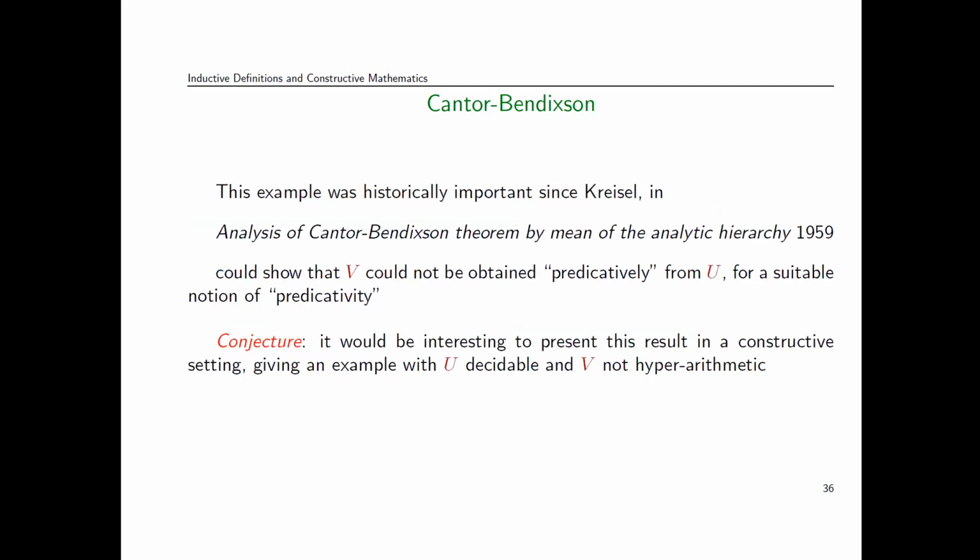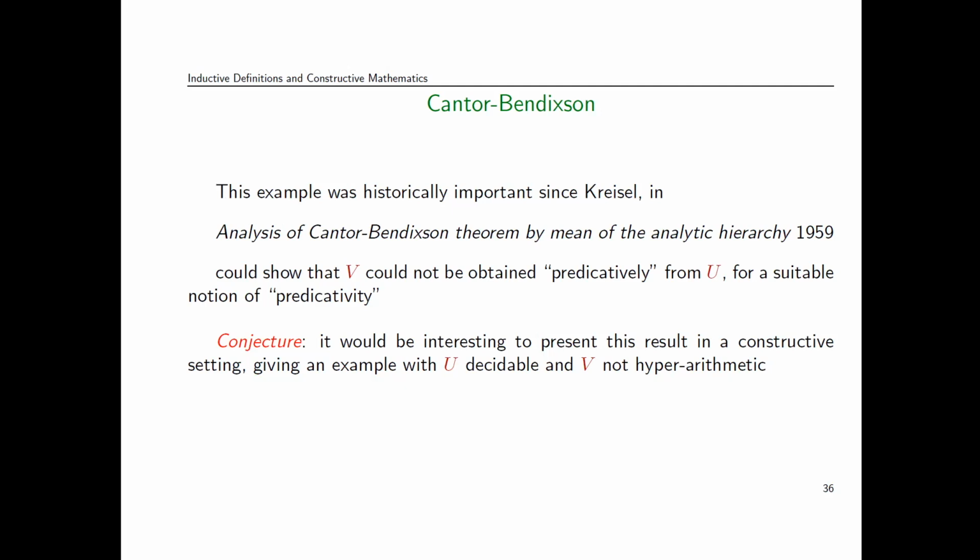It was very important for Kreisel, because Kreisel had shown that V, the perfect closed subset, cannot be defined in a predicative way from U. As Laura mentioned yesterday, Kreisel had the analysis of predicativity in the 50s.